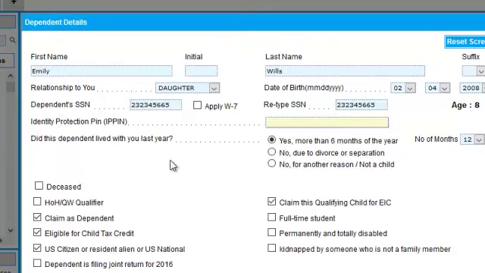No PIN number here. And we have to reiterate to the client has lived with the primary taxpayer at least 6 months out of the year to be able to claim that person. This person is 12 months that the child has lived with the parent or the guardian, foster care, adopted child.